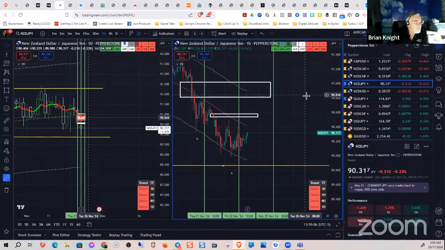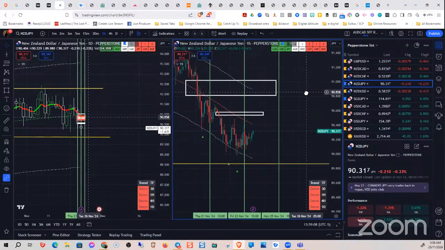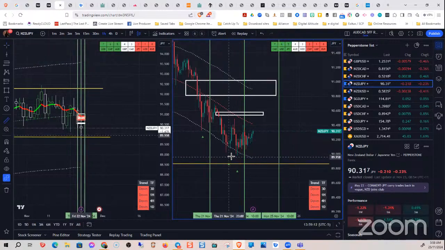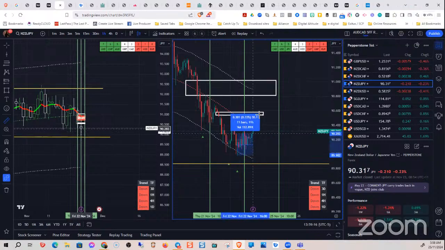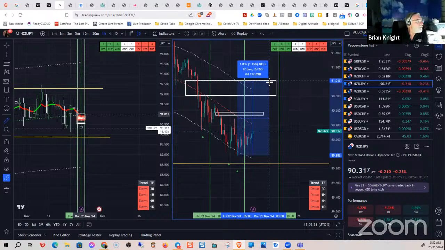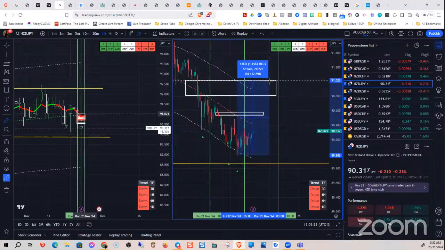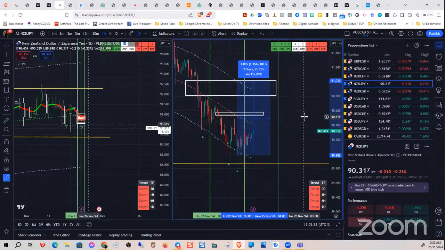So measure down here, let's say at the bottom of that green wick where you got your arrow, to the top of the 4-hour fair value gap at the top. Keep going up. Oh, that one. Yeah, you're looking at 100 pips. So even if you only get half of this, that's still 50 pips.